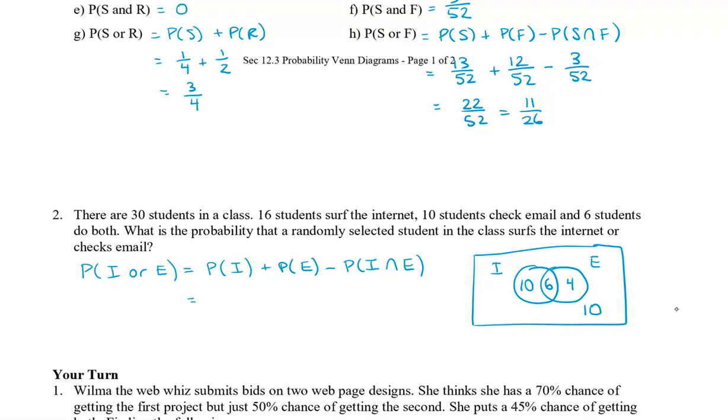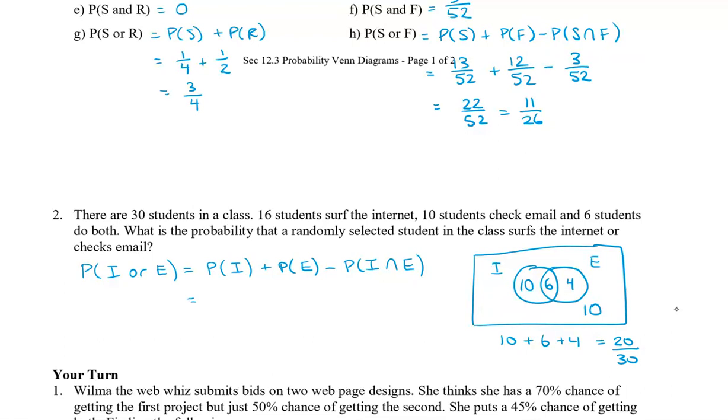Now, if we just take a look at the Venn diagram, we can see that the probability of those using internet or email would be the 10 plus the 6 plus the 4, which equals 20 out of 30.